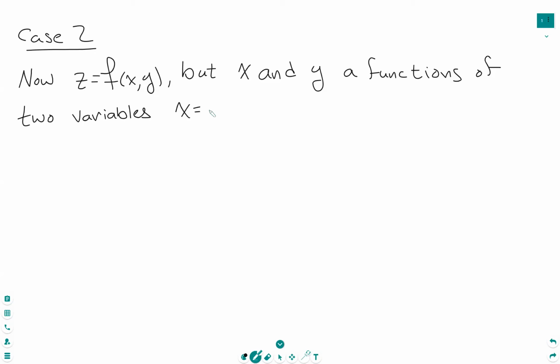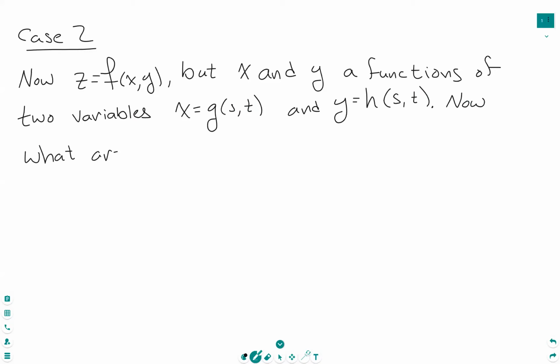So we say that x is equal to a function g that relies on s and t, and y relies on a function h, which is also a function of s and t. So the question is, what are partial z, partial s, and partial z, partial t?